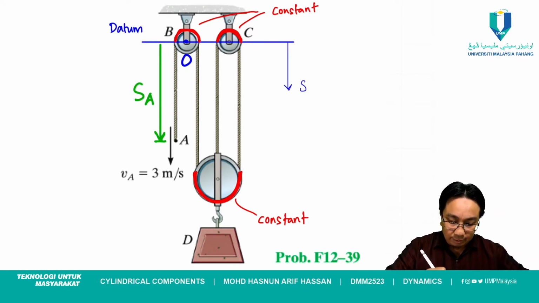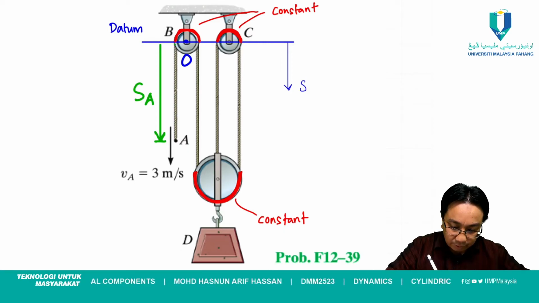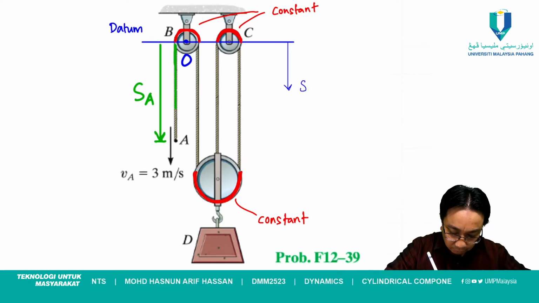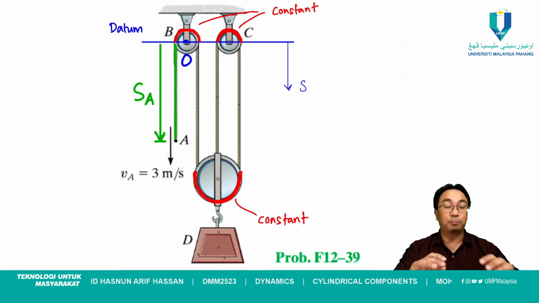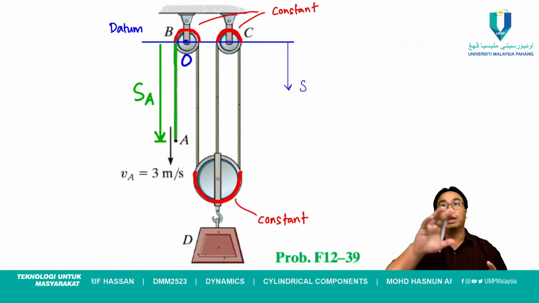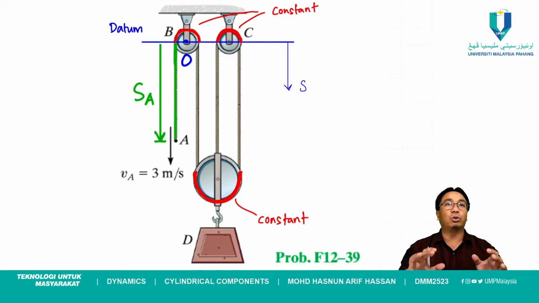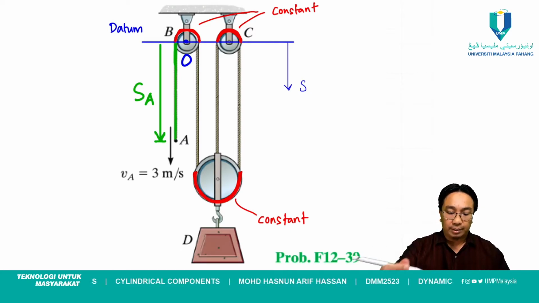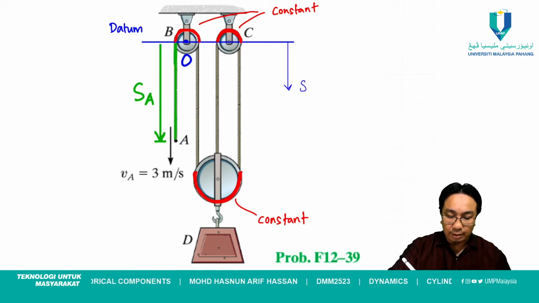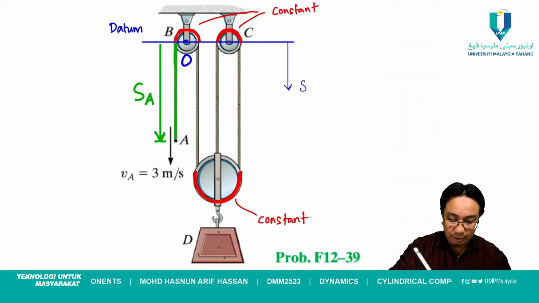Okay, so basically SA cover this rope lah, this part of the rope. Okay, remember kita punya aim is to cover all part of the rope. Barulah kita dapat buat relationship with the total length of the rope. Okay, sekarang ni length of rope yang tinggal ialah this part.